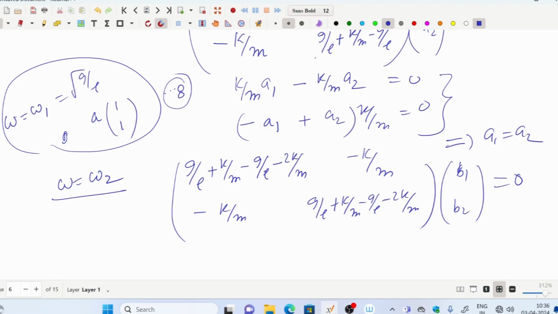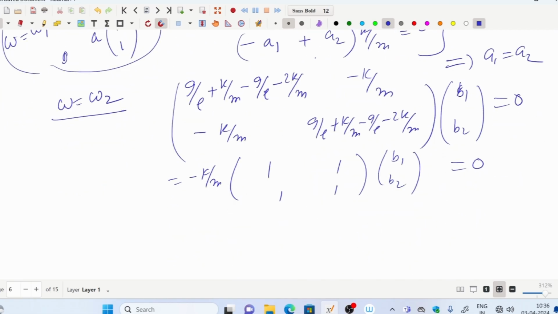So, g by L gets cancelled, and I have minus k by m in all places. So, let us take minus k by m outside, then it will be 1 1 1 1 everywhere, with b1, b2 equal to 0.